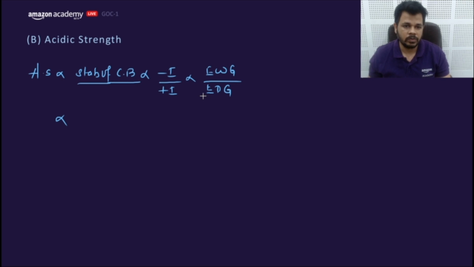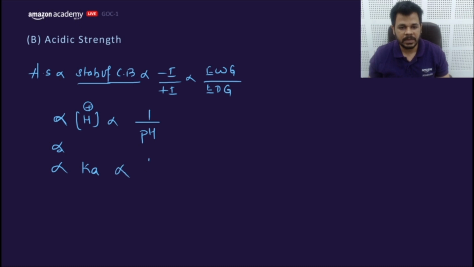Secondly, considering this conjugate base stability, we can say the acidic strength is directly proportional to the concentration of H plus. That means inversely proportional to the pH. Directly proportional to the acid dissociation constant. That means inversely proportional to pKa. That means directly proportional to pKb. That means directly proportional to pOH.